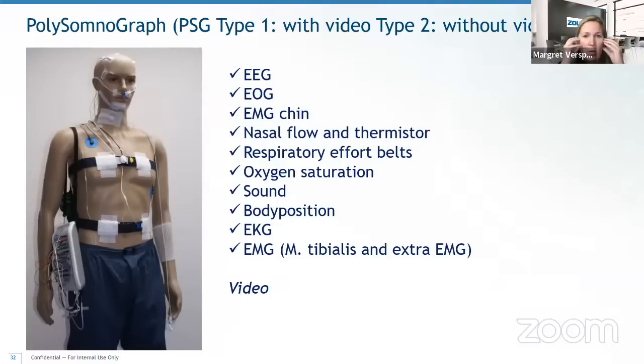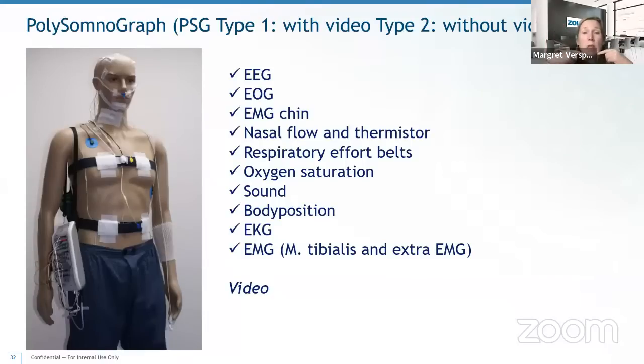So what we measure is EEG according to the 10-20 system, so specific places on the scalp. EOG, eye movements, important to measure for wake and also for REM sleep, of course, the rapid eye movements.